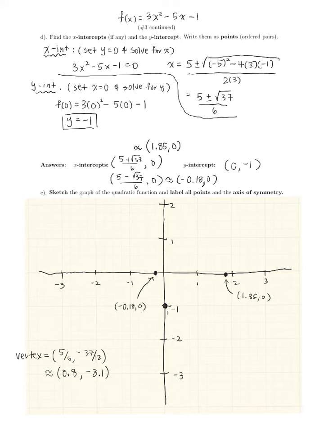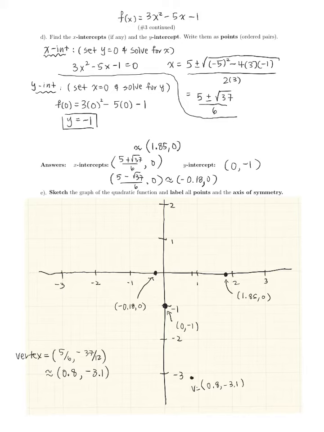Let me jot that down. And now let's jot down the vertex. The vertex is going to be 0.8, which would be maybe right here, comma negative 3.1. So it's going to be just a little bit below that. I'll jot this down as our vertex, approximately 0.8, comma negative 3.1.